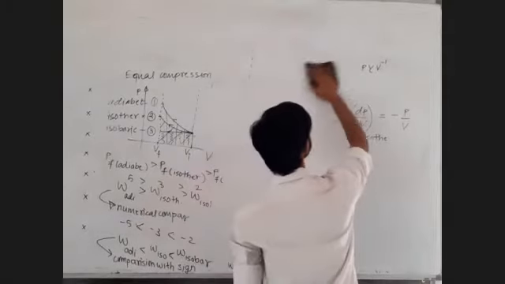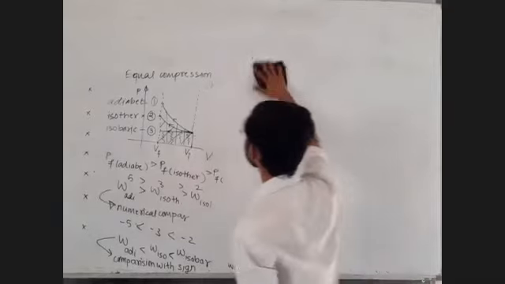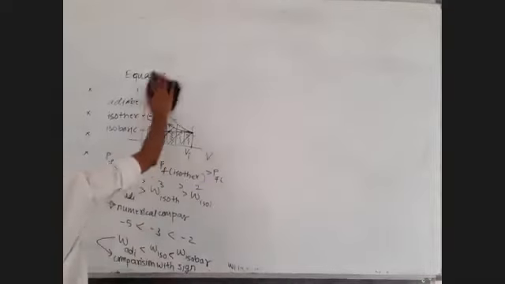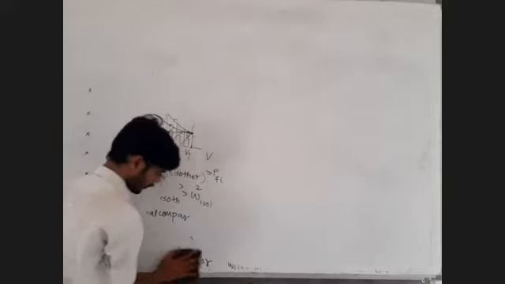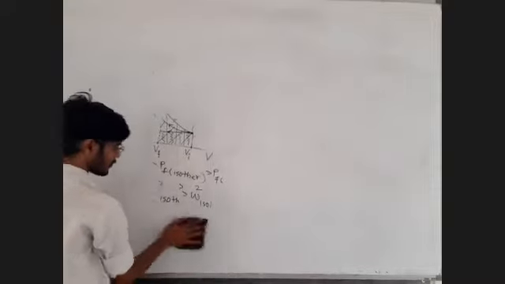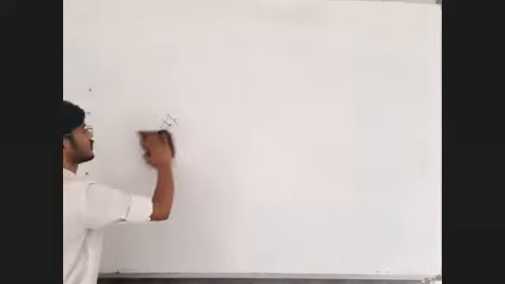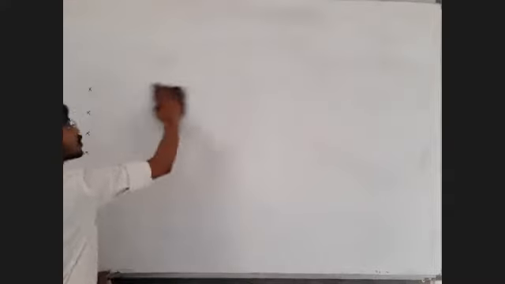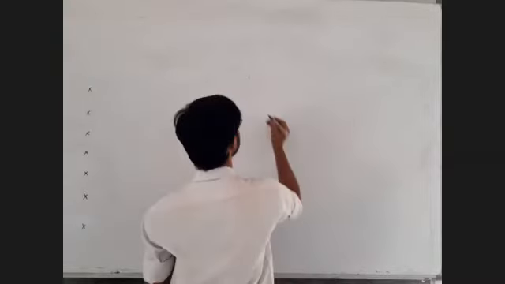Adiabatic bulk modulus. Adiabatic elasticity. Adiabatic elasticity means adiabatic bulk modulus of gas. Which kind of elasticity does a gas have? Only bulk modulus. It does not have modulus of rigidity. It does not have Young's modulus. It has only bulk modulus. So elasticity of gas means bulk modulus.